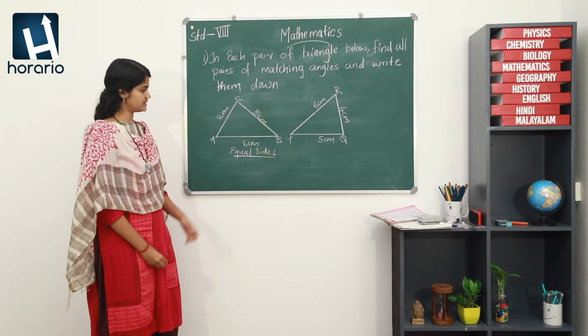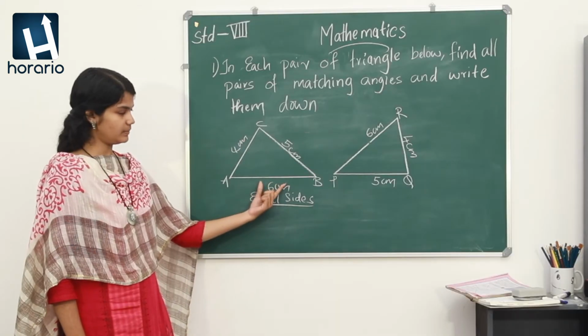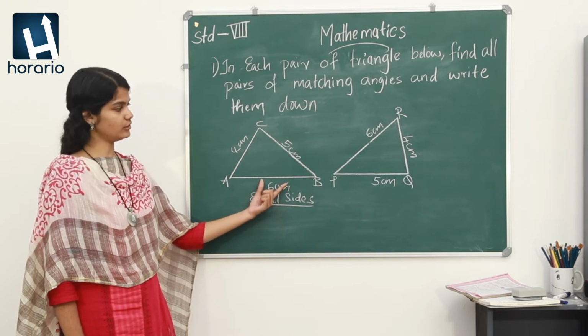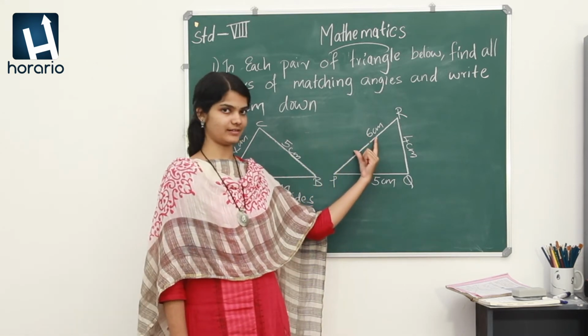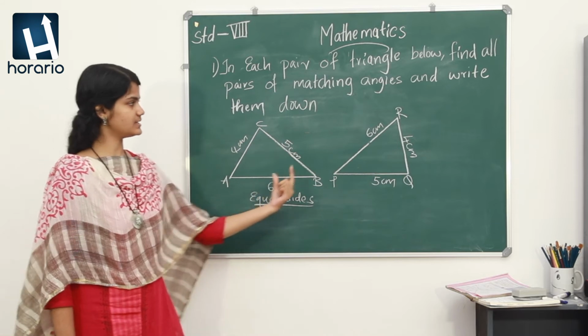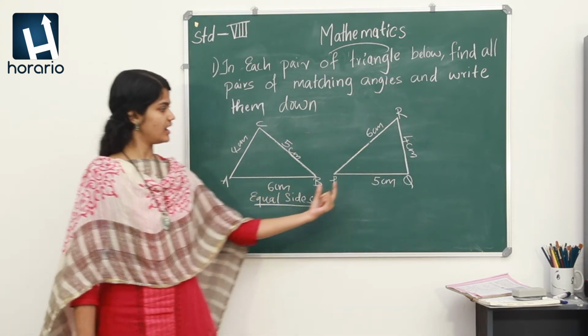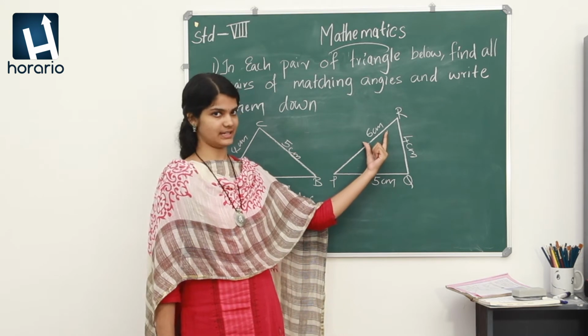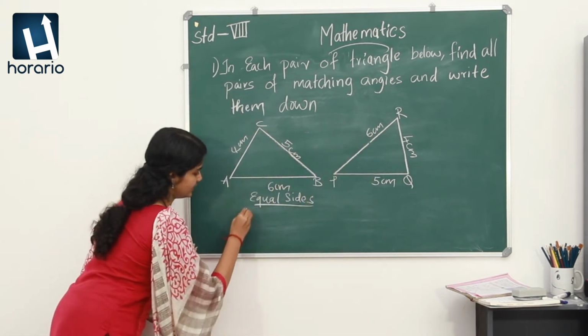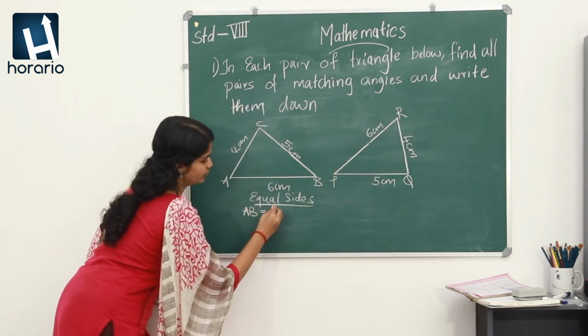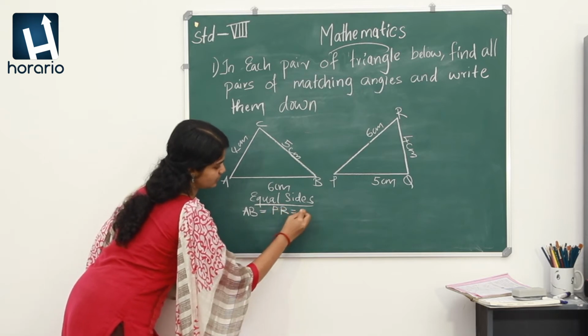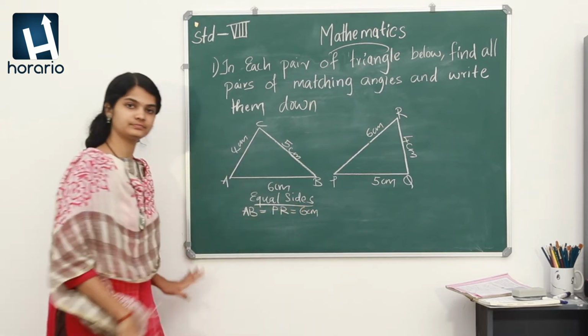Equal sides. Yes. AB is equal to PR, right? How is AB equal to PR? Because here AB is equal to 6 centimeter and PR is equal to 6 centimeter. So, we can write AB equal to PR, that's equal to 6 centimeter.